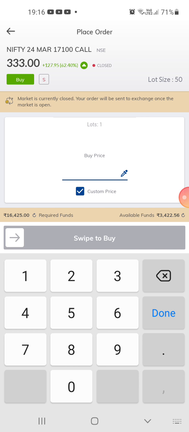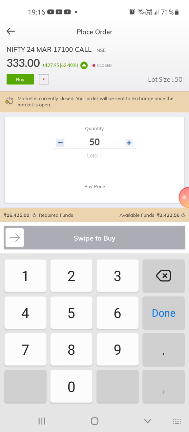You need to work this out properly, because you cannot just invest 16,400 directly in this, because this is the last day of expiry. What happens during the last day is that the options tend to decay. So 16,420, I'll show you a trick in this.